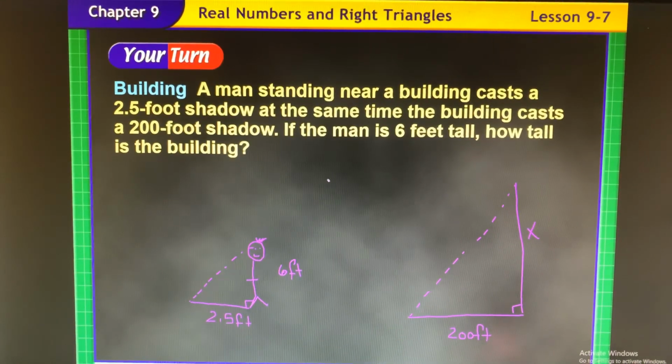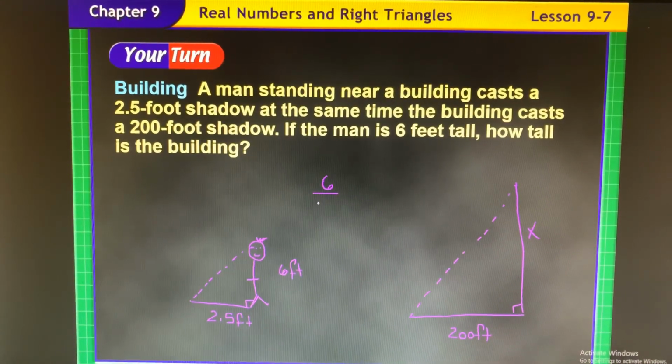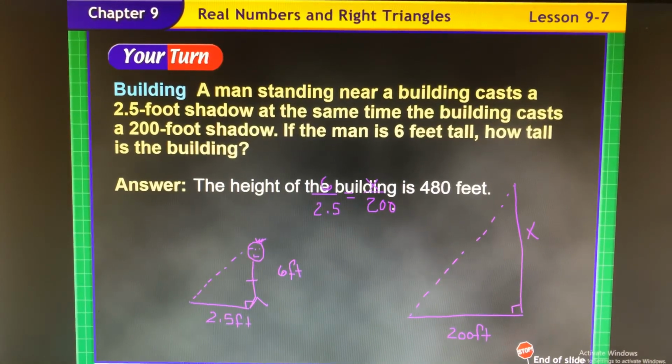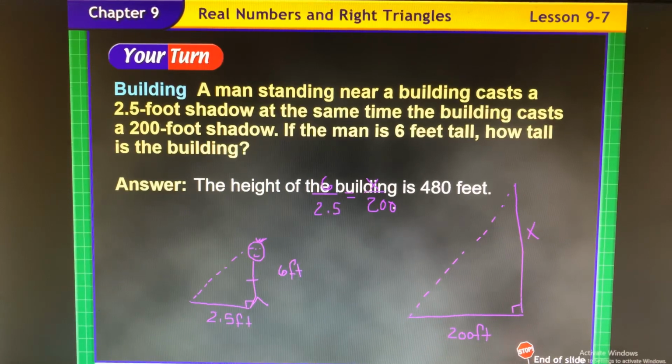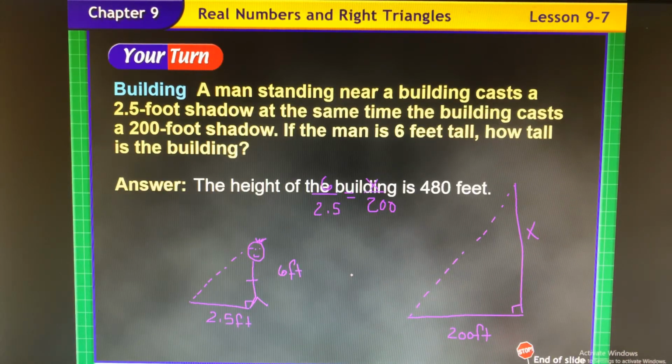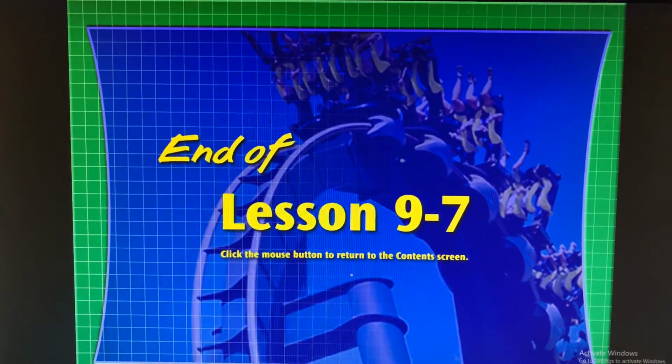So there you go. Height of the person, shadow of the person equals height of the building, shadow of the building. And do your cross multiplying and dividing, and you get 480 feet. Yay, we're done with chapter 9.